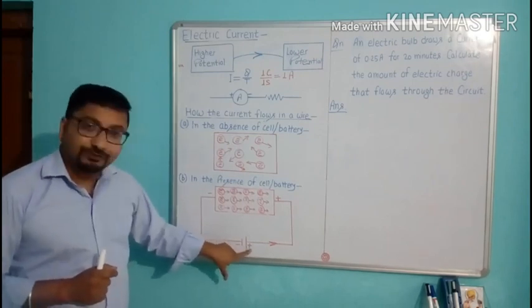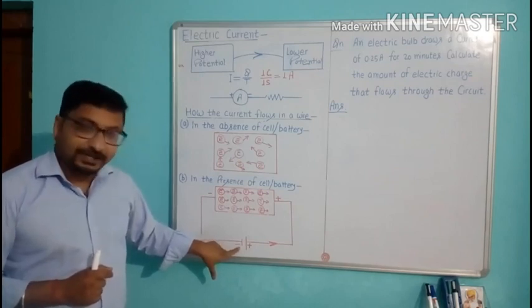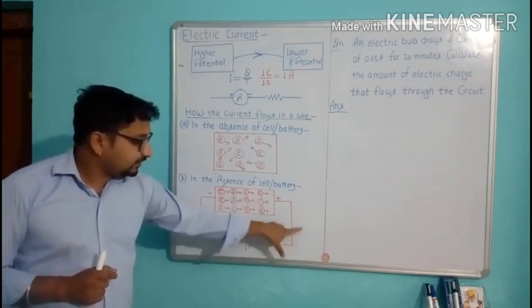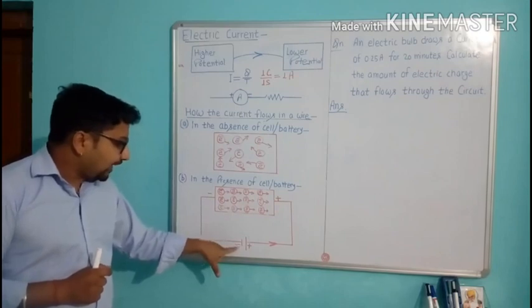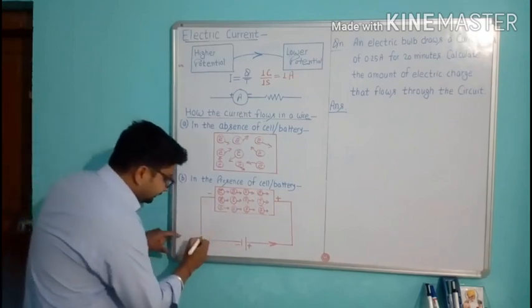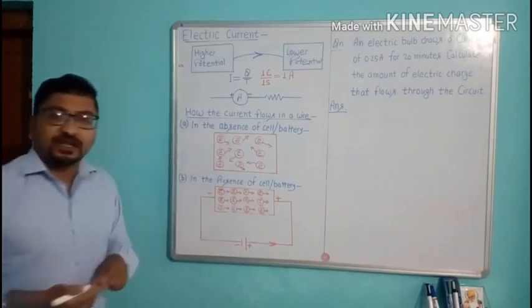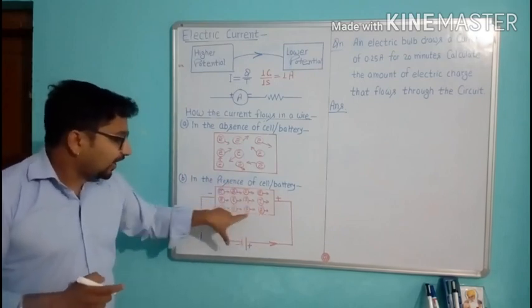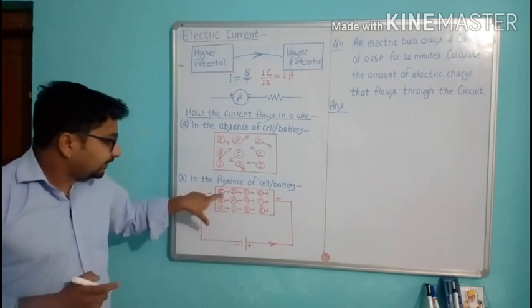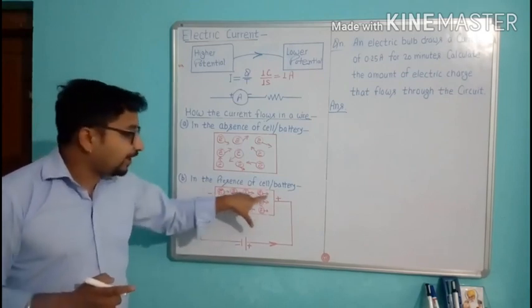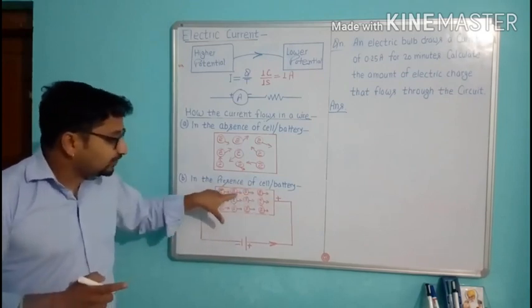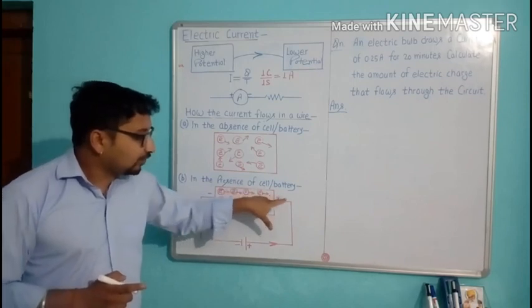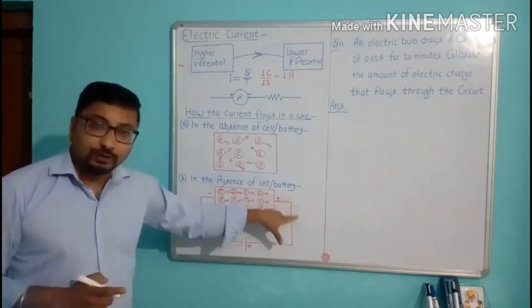But in the presence of a cell or battery, here I connect a cell. This is the positive terminal, this is the negative terminal. When a conductor is connected to a cell or battery, electrons start moving in a particular direction, towards the positive terminal.